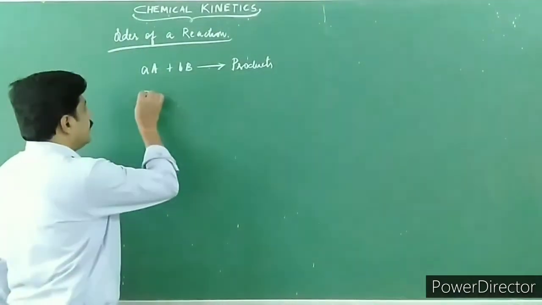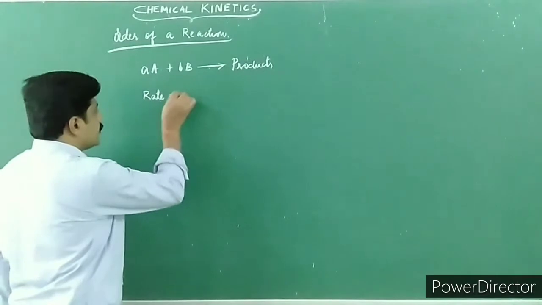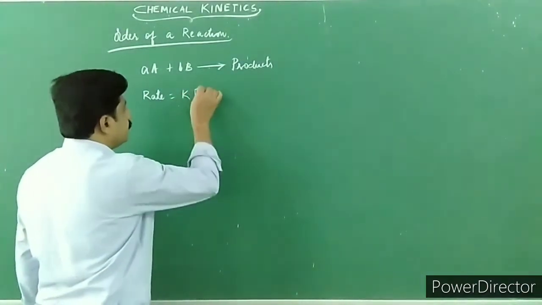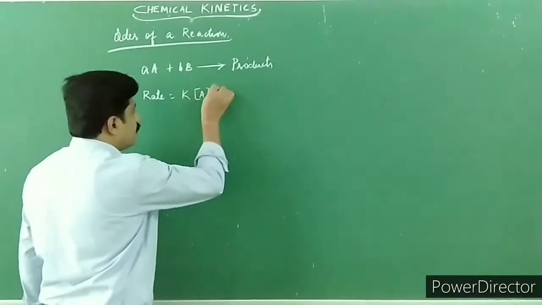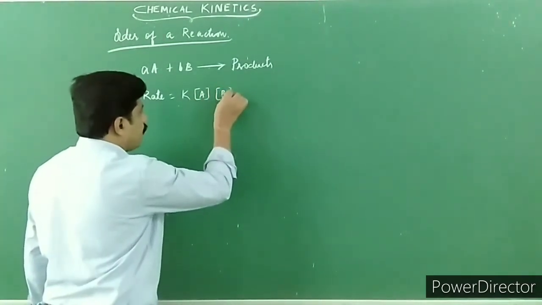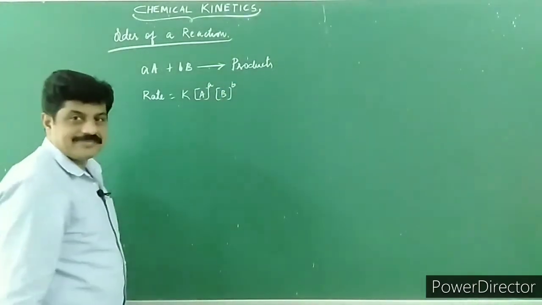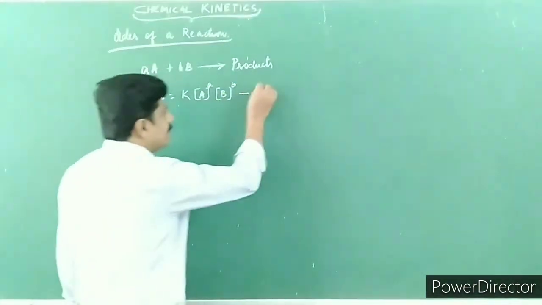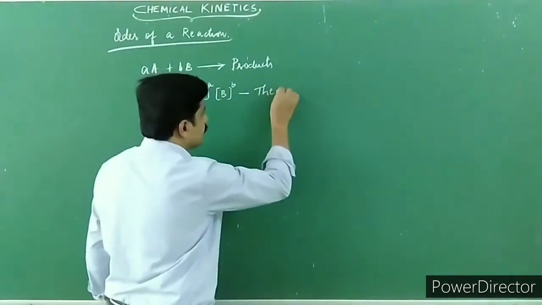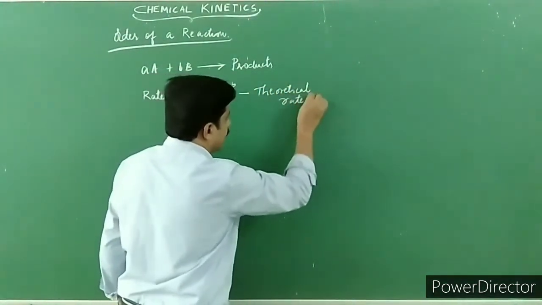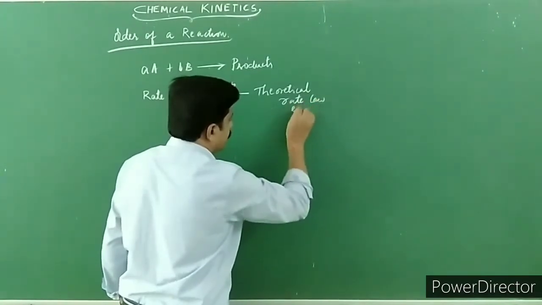Look at here, rate is equal to a rate constant into product of molar concentration of reactants raised to their numerical coefficient. Is it not? So this is the theoretical rate law expression.